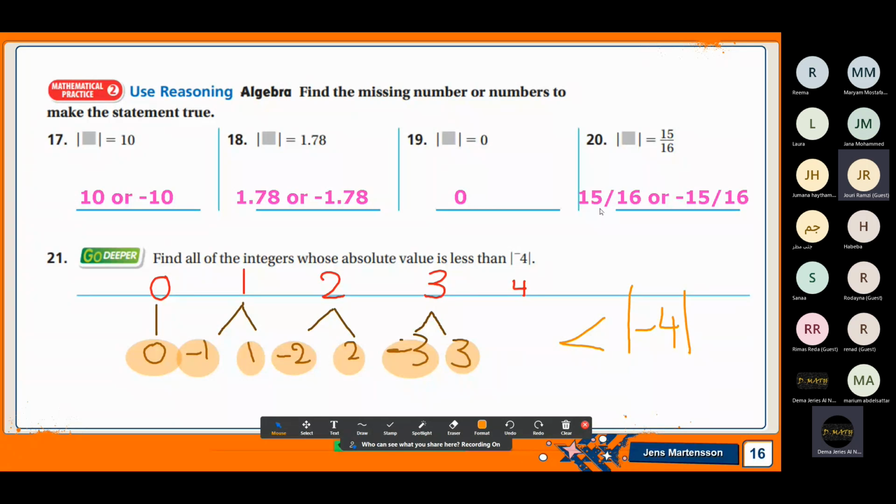When you change -4, the absolute value of -4 is 4, then I ask you what are the integers whose absolute value is less than 4? You will say absolute means positive. What are the numbers that are less than 4? 1, 2, 3, or 0. Then you find their numbers, and these are 0, -1, 1, -2, 2, -3, and 3. Yes, thank you. Welcome. Thank you, Rudaina.